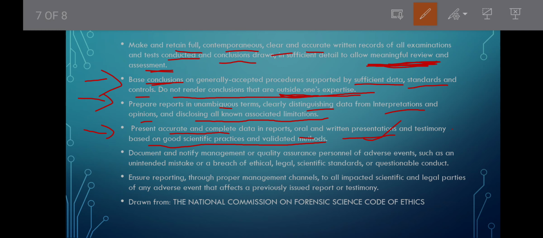accepted by the scientific community. Then next, moving on to document and notify management or quality assurance personnel of adverse events, such as unintended mistakes or a breach of ethical, legal or scientific standards, or questionable conduct.